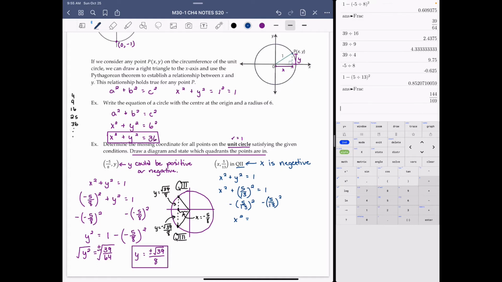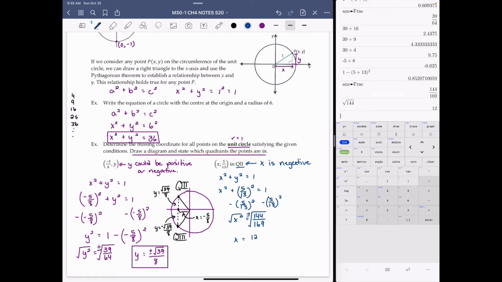Math, enter, enter. We get 144 over 169. Square root both sides. We're square rooting a variable squared, so we have plus minus. And then x equals square root of 144 is 12.